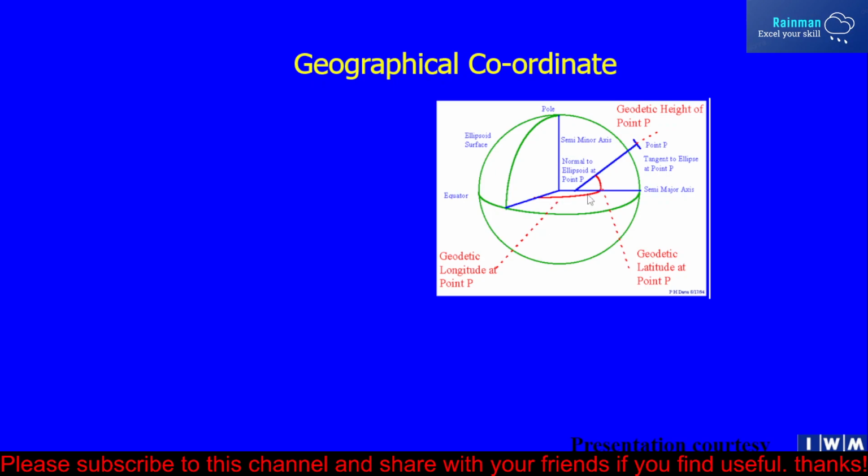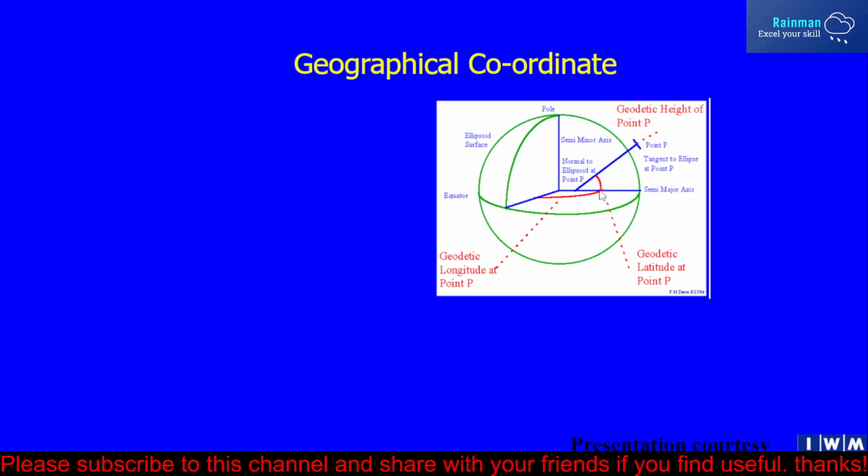So let's say this is my point, and I want to find out this coordinate. If this is the equator plane, as you are seeing, and we draw a line from this point, the angle that is created from the equator is called latitude.